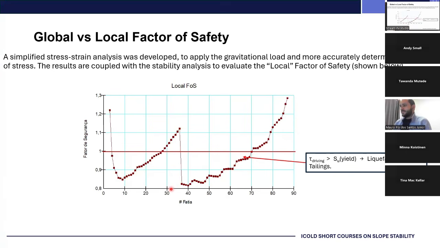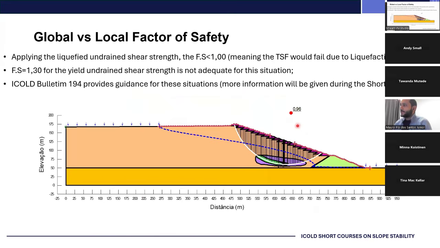So the driving shear stress is exceeding the peak undrained shear strength, which means that material is mobilizing shear stress that it cannot handle with the peak shear strength. And I went on to change that to the liquefied strength, assuming that the pocket of material could have liquefied. If you do that, the factor of safety is 0.96.